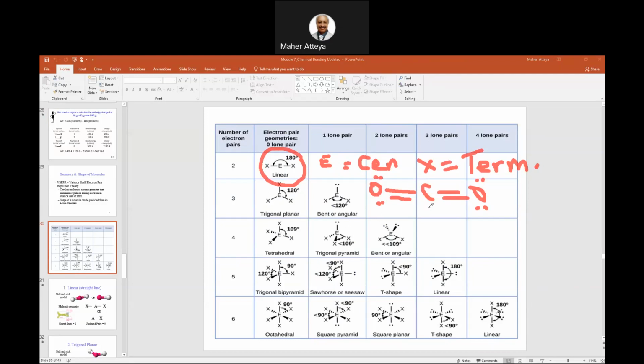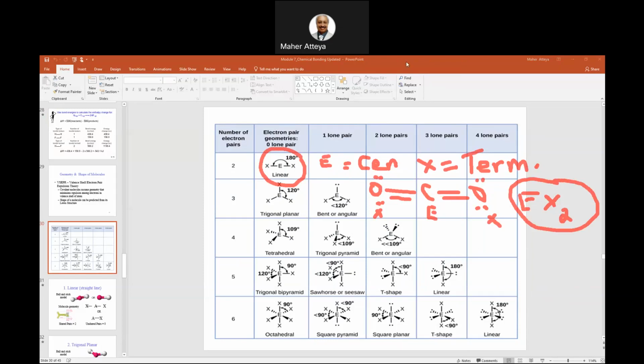The code is your E here, and this is X, and this is X. I want you to write a code somewhere when you print this out. This one will be E, X2, two terminals. So this is very important. If you have a code with EX2, that is a VSEPR code. When I have EX2, there is no lone pair here. The number of lone pairs is none.